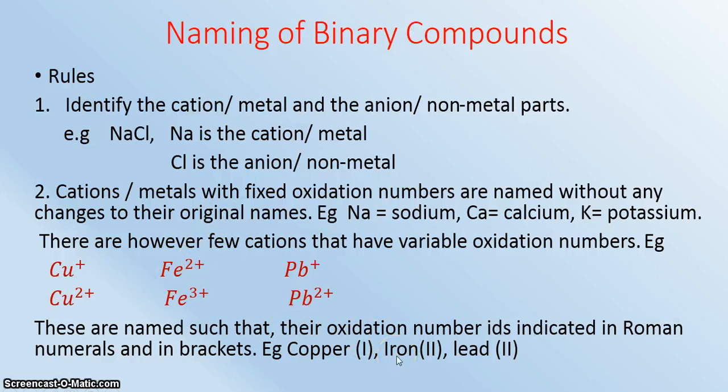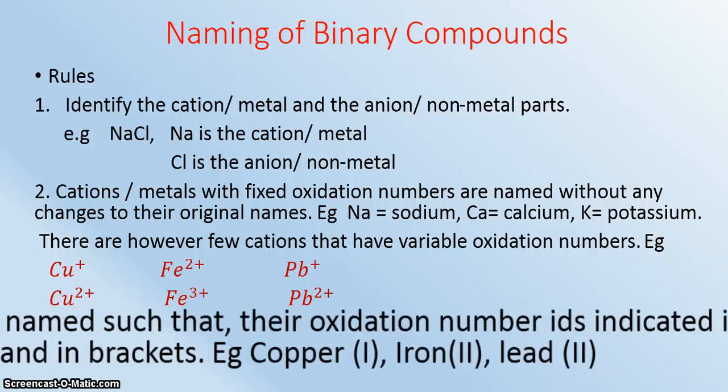You also have to name it so that you add iron 2 and then something else, lead 2. So apart from these 3, for the rest, you don't add any numbers in Roman numerals in brackets to their name, so that sodium will always be sodium, calcium will be calcium. But when it comes to these special ones, you have to tell us which of them is forming the compound.